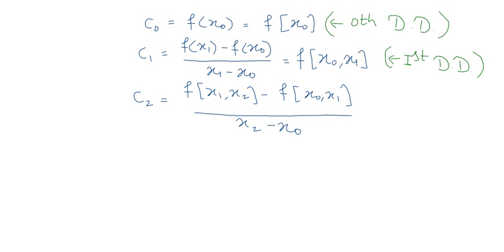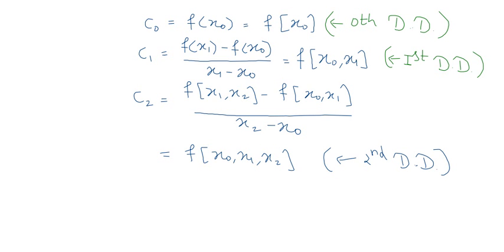If you recall the previous lecture, it was this, and it clearly depends on x0, x1 and x2. It can be verified easily that this equals f of x0 comma x1 comma x2 in terms of box brackets. This is called the second divided difference.